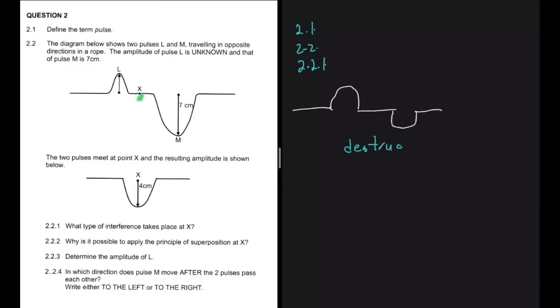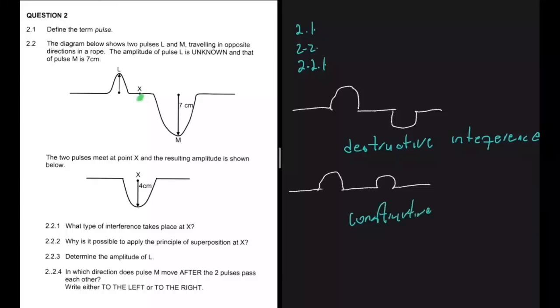That happens all the time when we have one pulse above equilibrium and one below. If both pulses are above the line of equilibrium, we experience constructive interference.